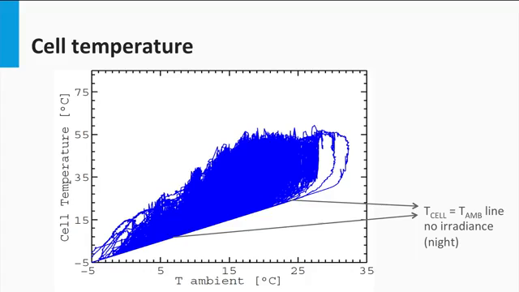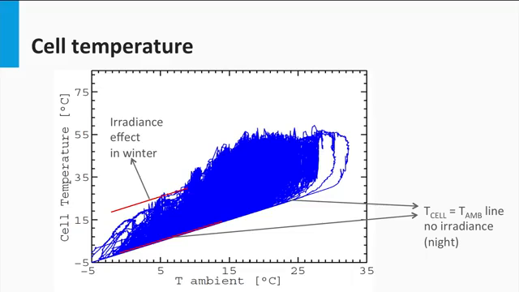This means that the cell temperature can never go below the ambient temperature. The least cell temperature values will be equal to the corresponding ambient temperature, and these will occur when there is zero irradiance, in other words, at night. The uneven spread of the cell temperature above the ambient temperature can also be explained.